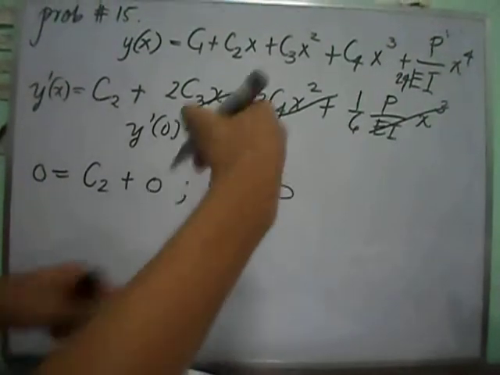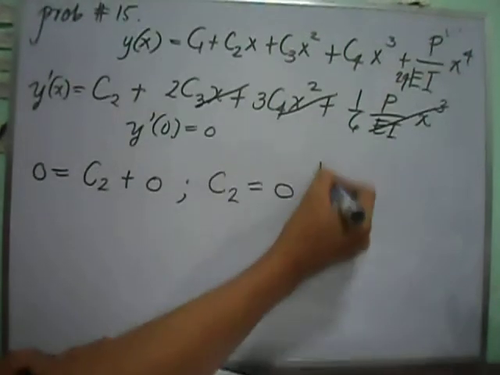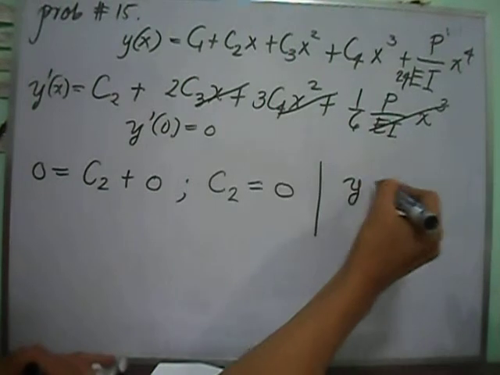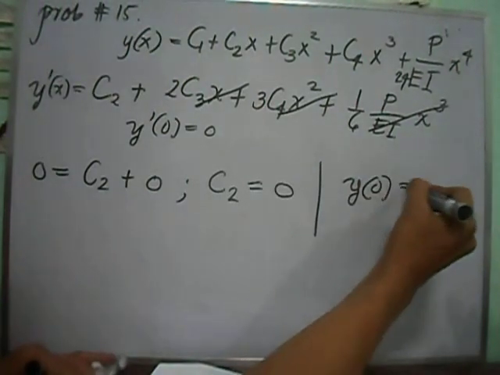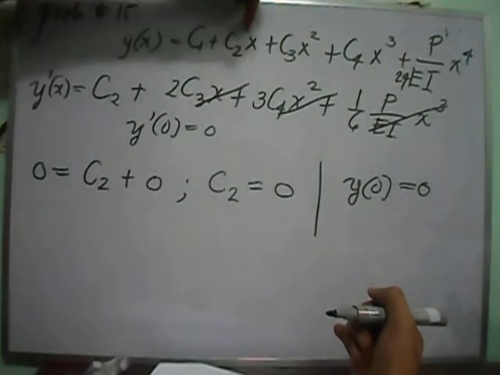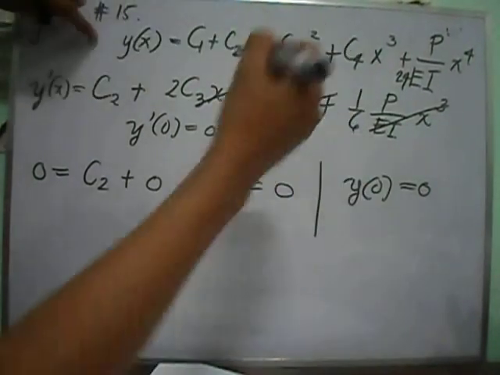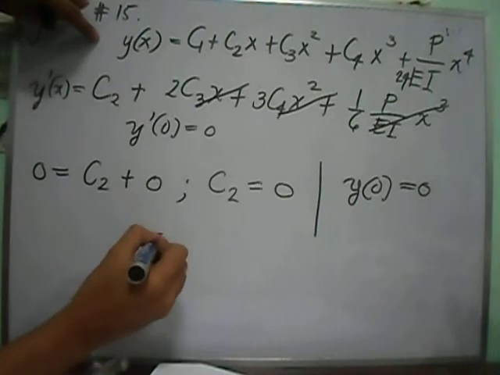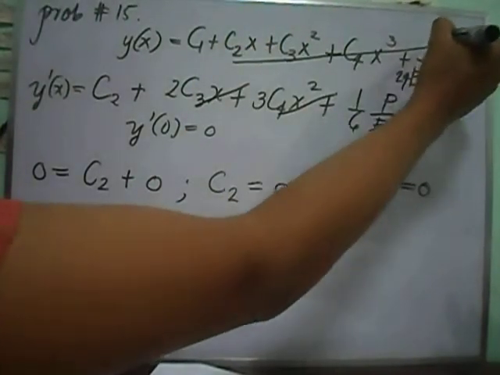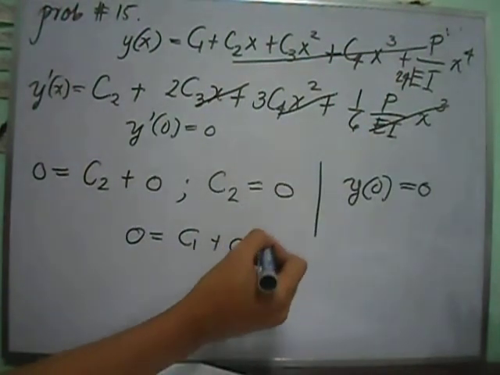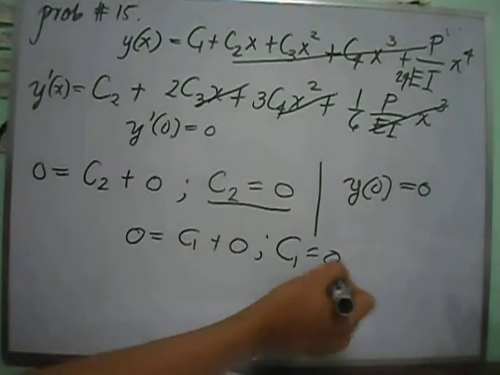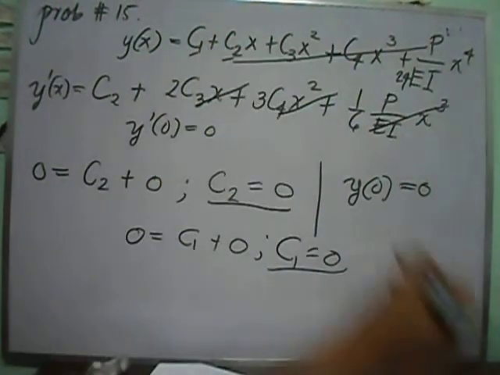We also have the boundary condition y of 0 equals 0. We can directly substitute 0 for x. Automatically, we get 0 equals c1 plus all the rest becomes 0. Thus, c1 equals 0. We now have the values of the two constants, c1 and c2.